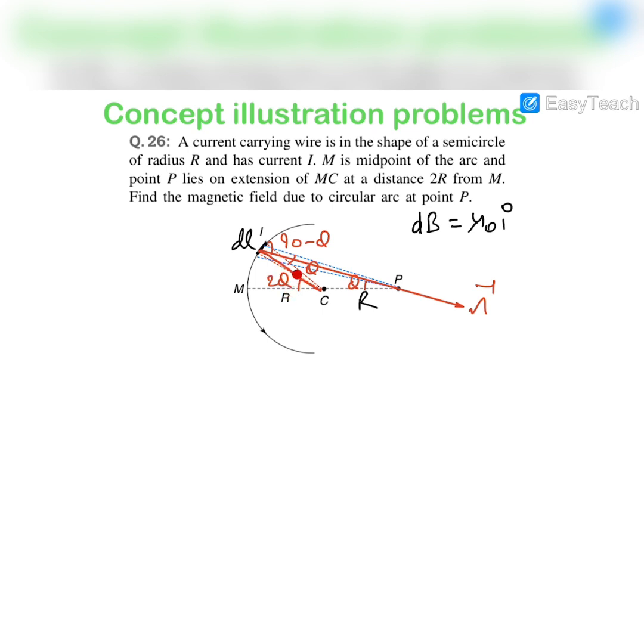Okay, this small angle is d theta, or we can just say that this side, let us write it down as r. So this r will be calculated by sine law. So r upon sine of this angle, which is 180 minus 2 theta, will be equal to capital R upon sine of this angle.